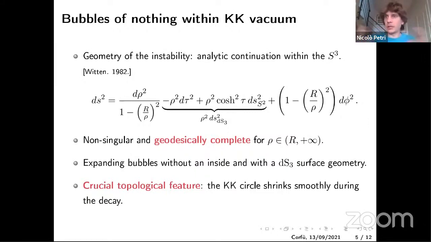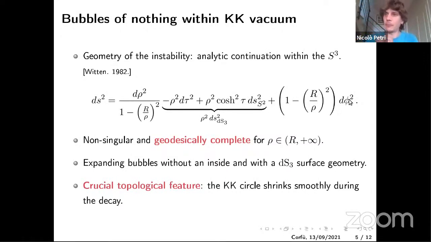So we have this bubble expanding and actually destroying the KK vacuum without substituting it with any kind of true vacuum or something like that. And the last crucial property I wanted to include is topological. It consists in the fact that while the bubble is expanding, the KK circle is gradually shrinking in a smooth way.